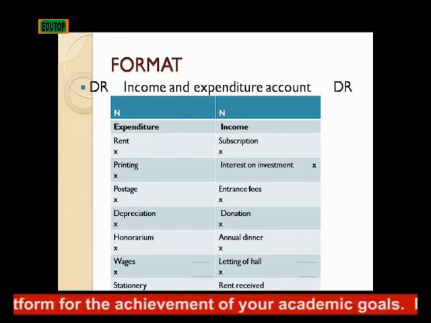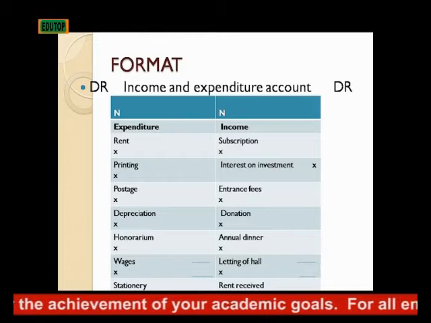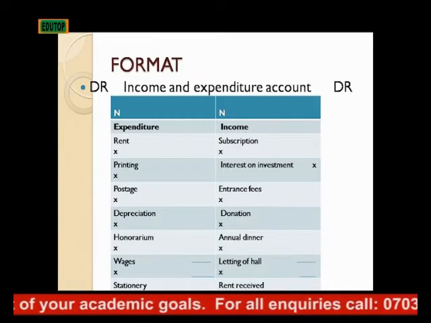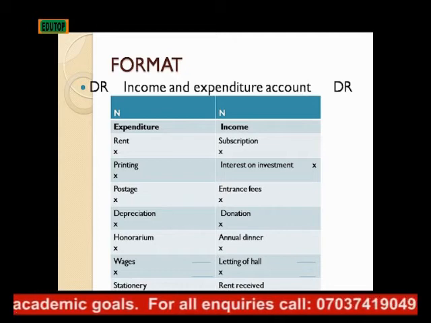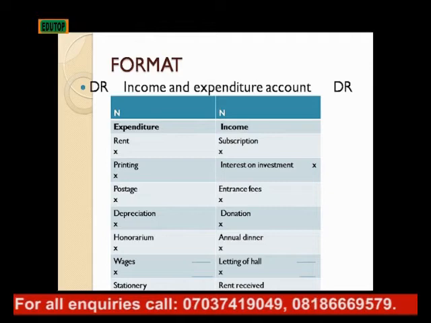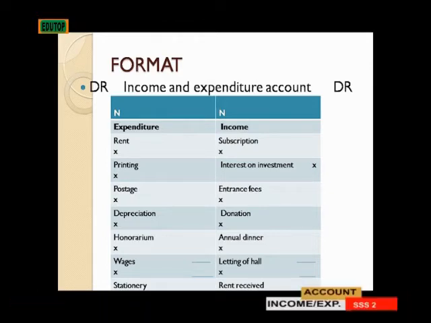These are the items we have: subscription, interest on investment, entrance fees, donation, annual dinner, letting or rent received, profit on bar, interest on deposits. On the debit side: rent, printing, depreciation, honorarium, wages, stationery, meeting expenses.